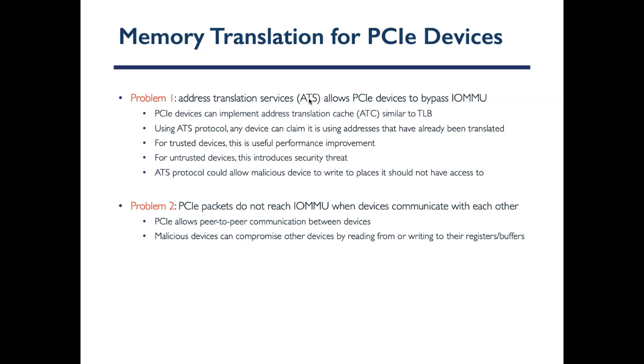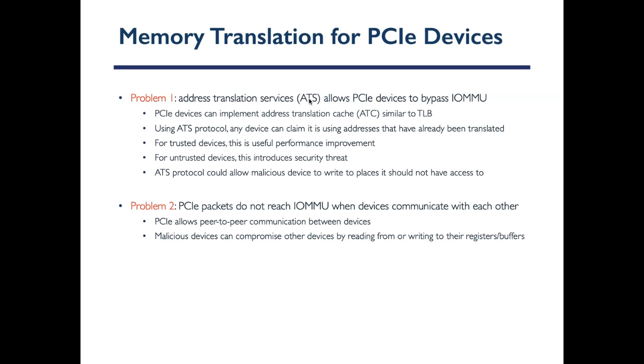The other problem that you have with PCIe is that the IOMMU resides at the highest level of the network. So basically the root complex, if you go back to the slides where I had the endpoints, the root complex is where the IOMMU could be placed on top.